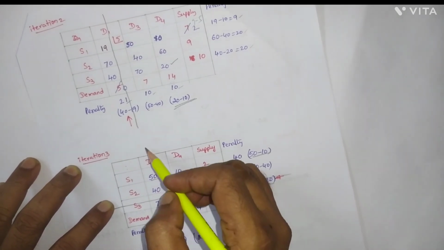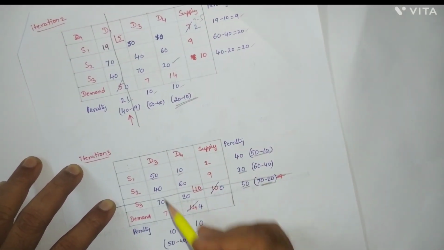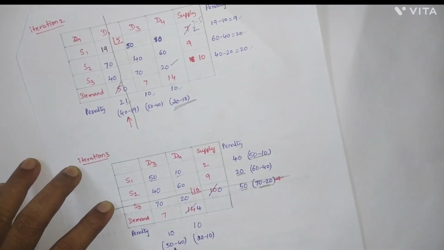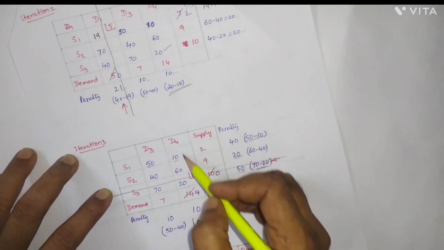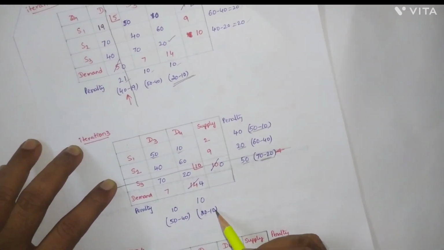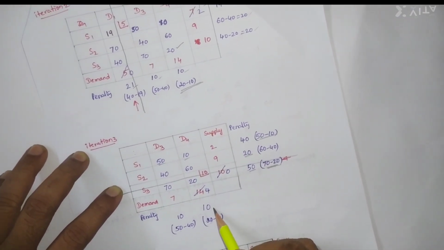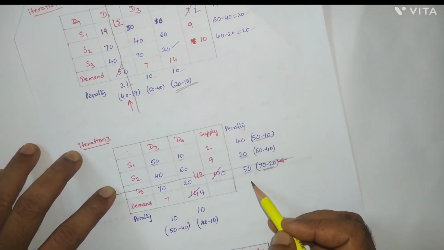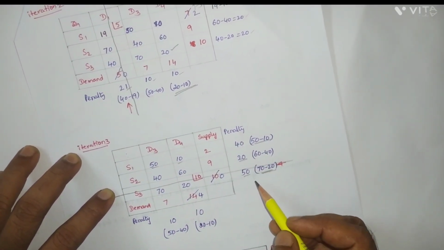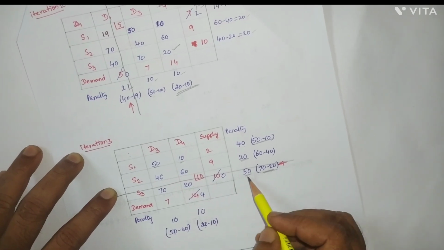In the D3 column, 50 minus 40 equal to 10. D4 column, 20 minus 10 is equal to 10. So among all these penalty values, we have to identify the maximum penalty value. So penalty 50 is maximum.